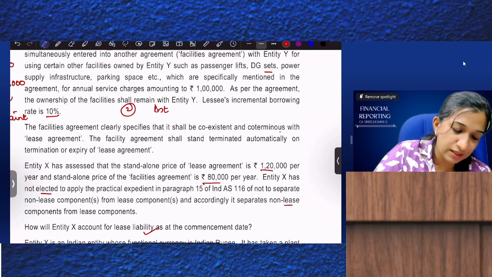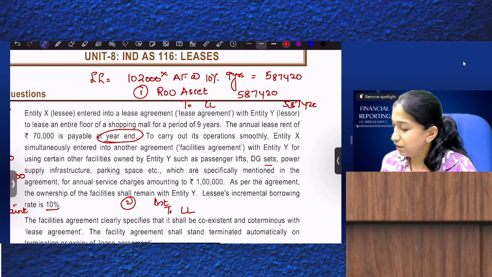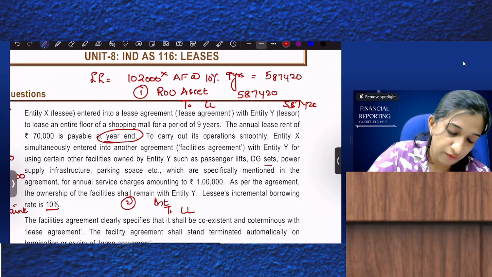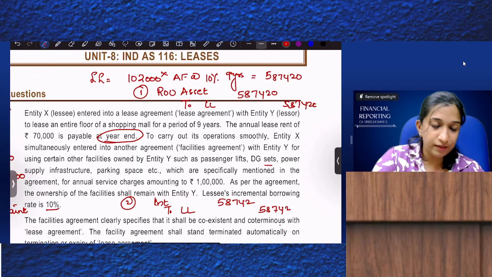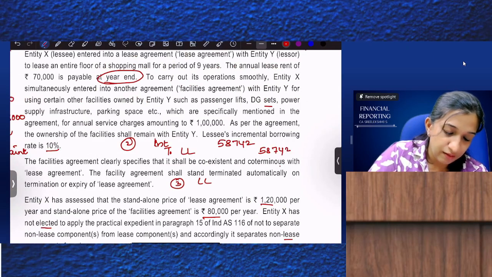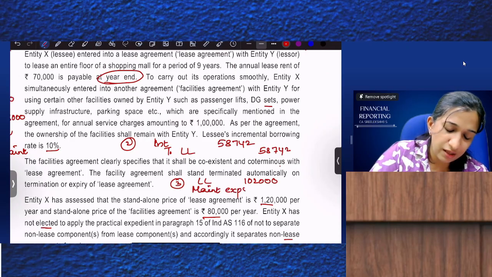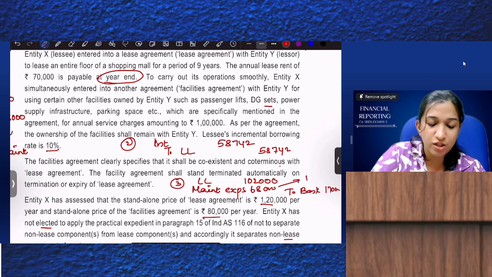How much is the interest? 5,87,420 into 10% is 58,742. Then the third entry: lease liability 1,02,000, maintenance expense 68,000, to bank 1,70,000. The maintenance expense will be charged to P&L.